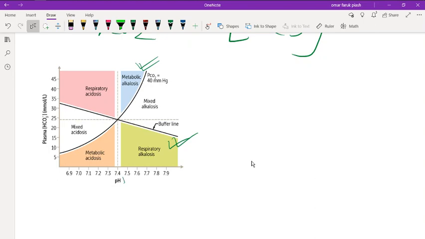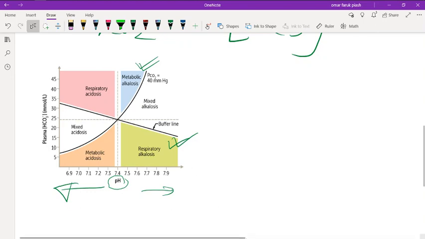We know that the blood pH is 7.4; more than 7.4 is alkalosis, less than 7.4 is acidosis. And this is the way we look at the Davenport diagram.